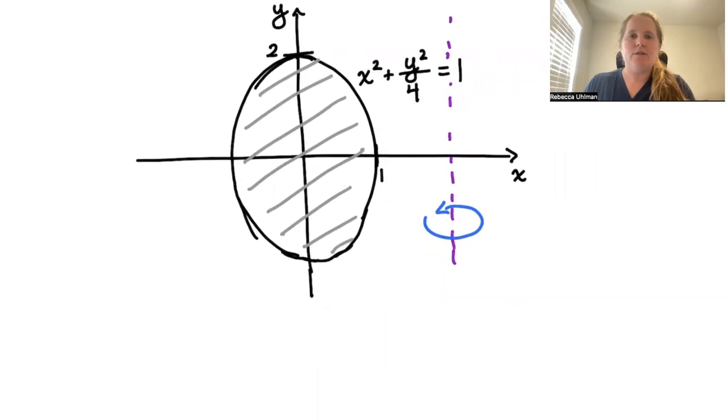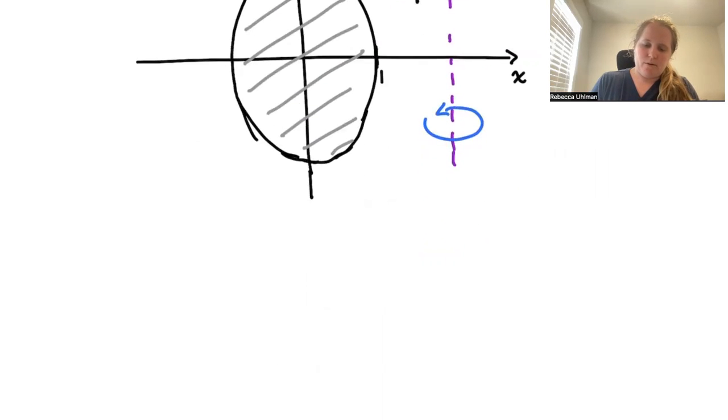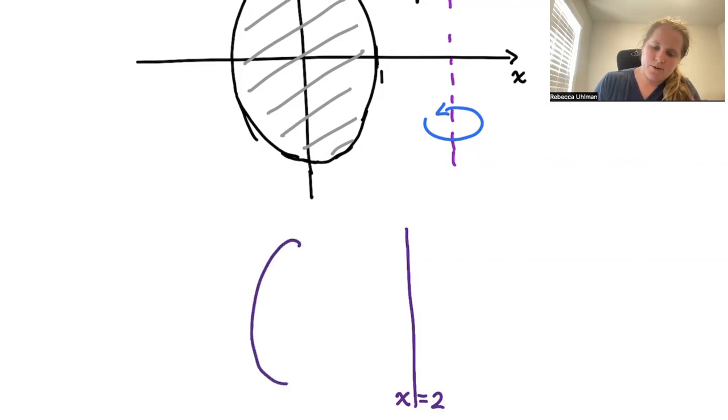Doing this rotation, we essentially create a tall donut with a hole in the middle. So doing our rotation about x equals 2, we have our ellipse to one side. We're going to mirror image that on the right.